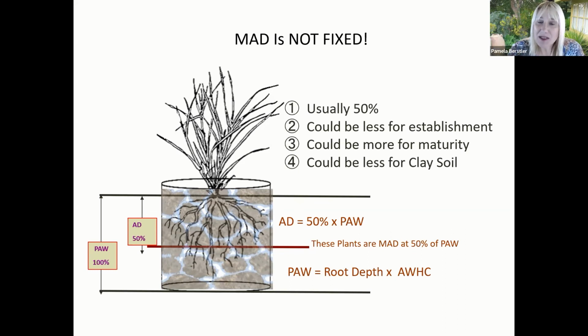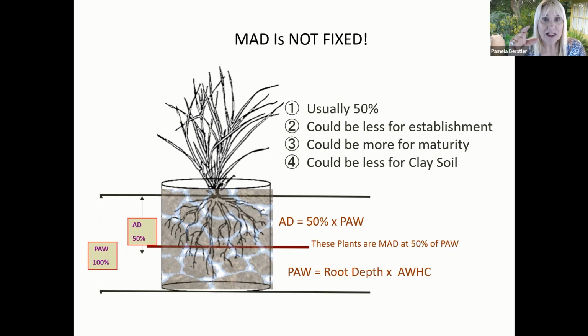So sometimes when we have clay soils, we think about adjusting our MAD lower so that we are actually irrigating more frequently for smaller amounts, right? Because we're going to allow a smaller amount of water to be depleted from the soil.